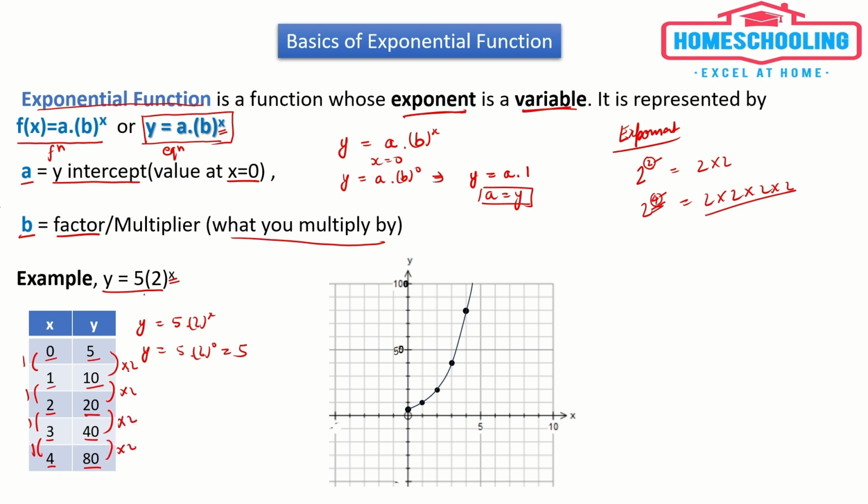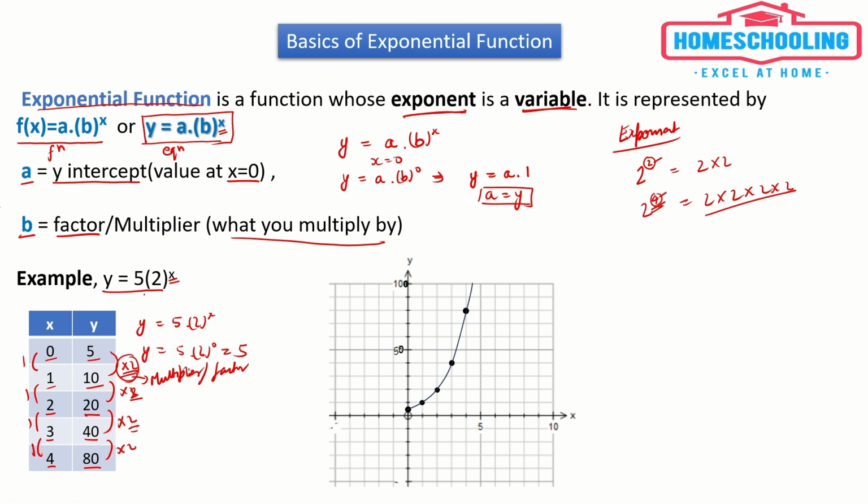So because, as we can see, the y value is increasing 2 times, or we are multiplying, the next value of y is 2 times the previous value of y. So that's why 2 is going to be your multiplier or a factor, because every next value of y is twice of the previous y value.